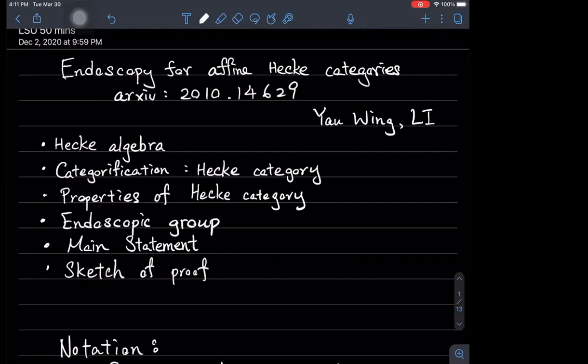And then I will state my main result of the paper, which is, roughly speaking, about a monoidal equivalence between two derived categories. And then I will sketch a proof.